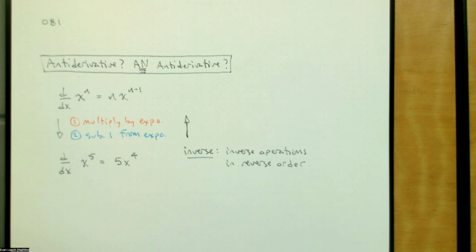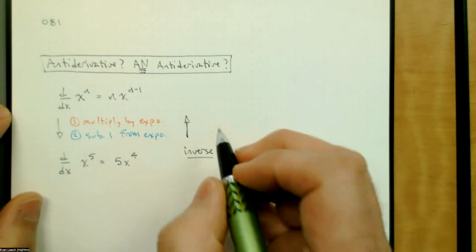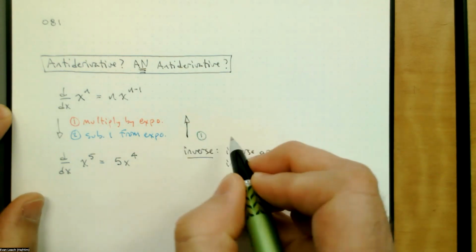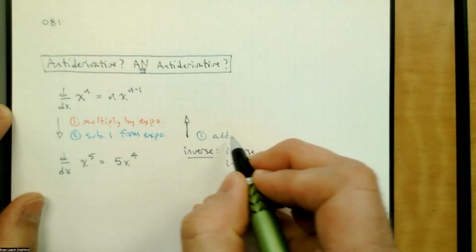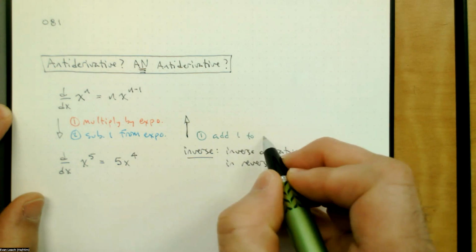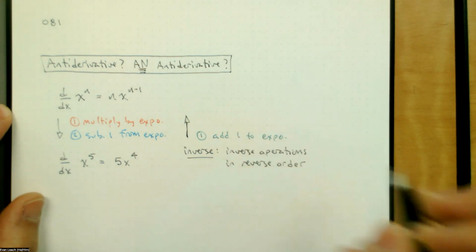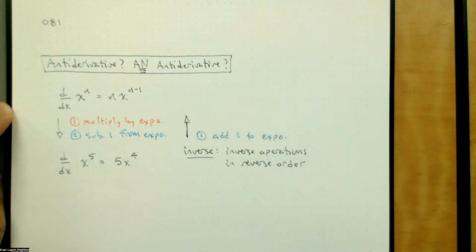So what's the inverse of subtract 1 from the exponent? Add 1 to the exponent. And what's the inverse of multiply by the exponent? Divide by the exponent.